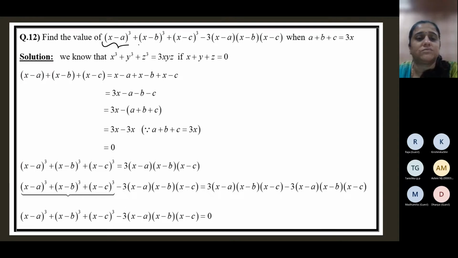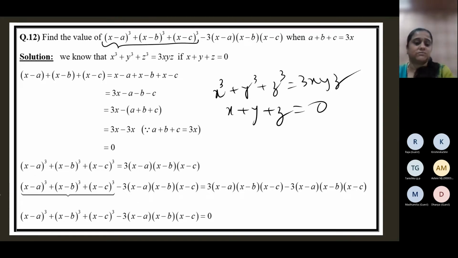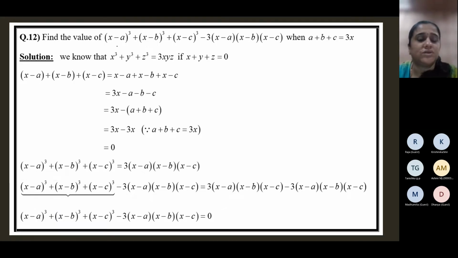So we have to use a conditional identity that when x plus y plus z is 0, then x cubed plus y cubed plus z cubed is equal to 3xyz. So you can see here there's something like x cubed, y cubed, and z cubed.